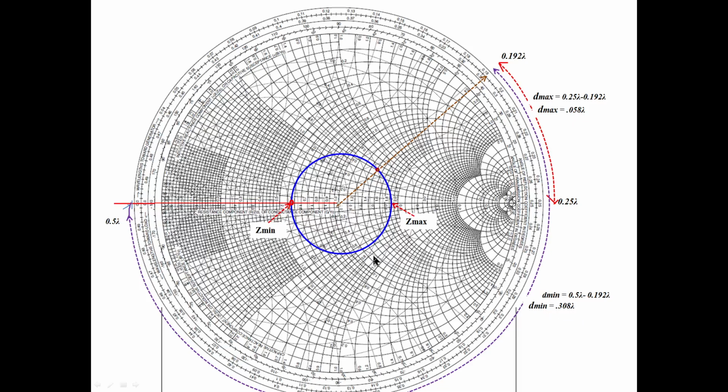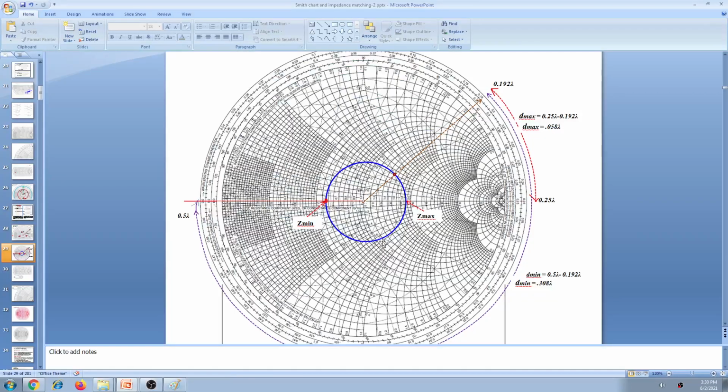Similarly, for any point you take, you can obtain the distance. For example, if the point is here, you should draw a line like this, passing through the point, so as to touch the wavelength scale.